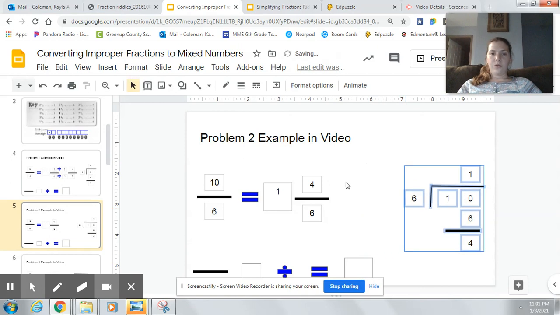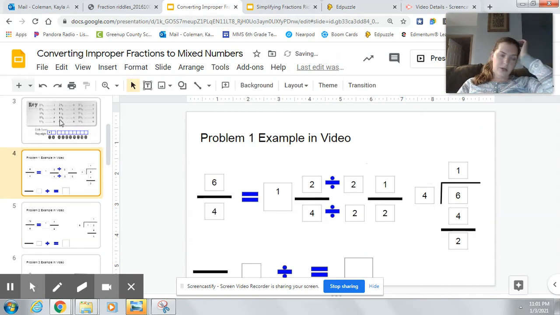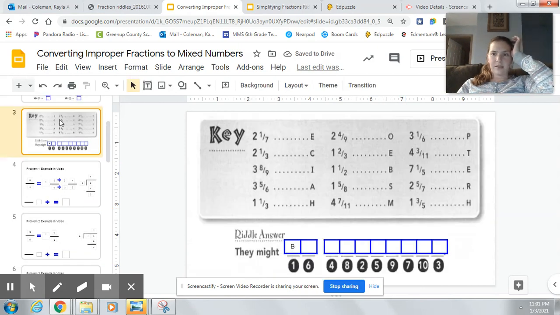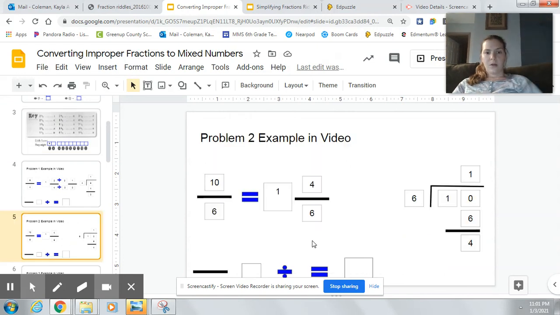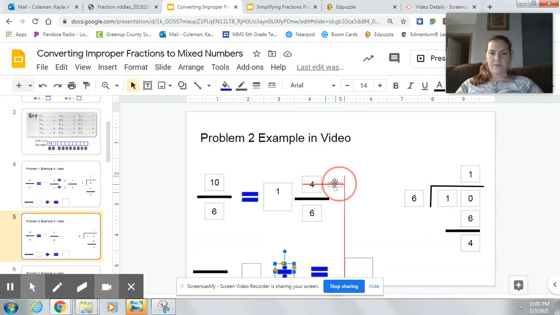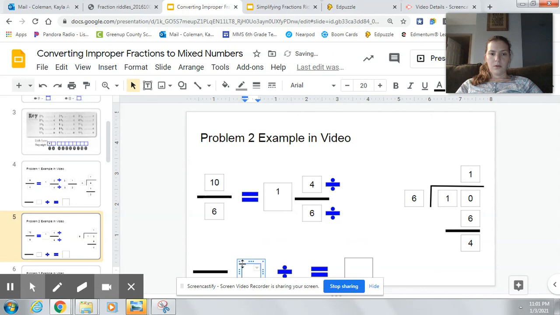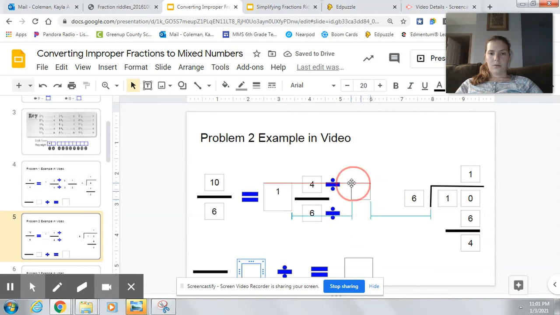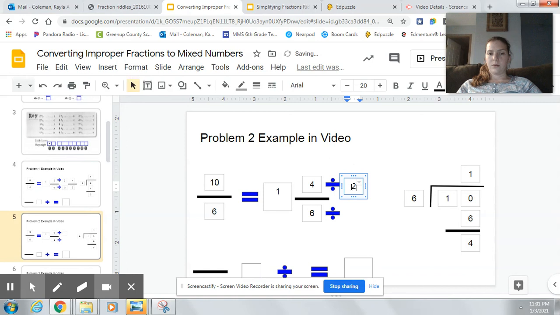If you look for that in your answer key, 1 4/6 does not show up there. That means that we have to simplify. So what can we divide 4 and 6 by? You can divide both of those numbers by 2.